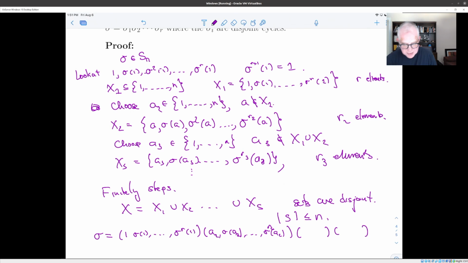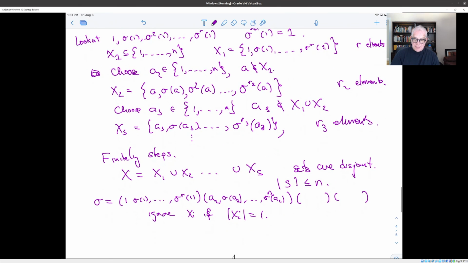One term for each of these sets where we ignore xi if it only has one element, because we don't write the cycle if it's only one element. And now you can see that this is actually sigma because these sets are disjoint.